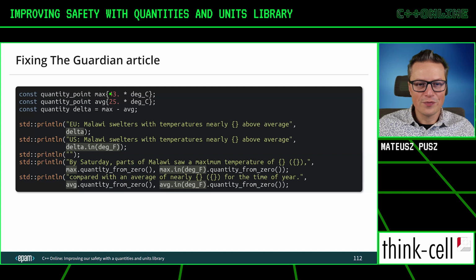And then if we have quantity points and deltas, we can safely do conversions. For example, here the version in Europe, here the version in the US.